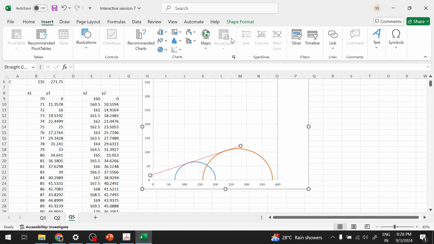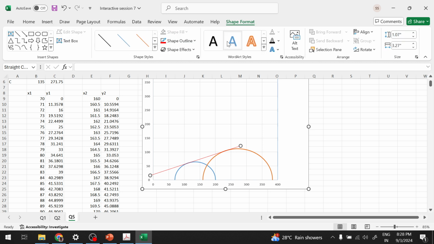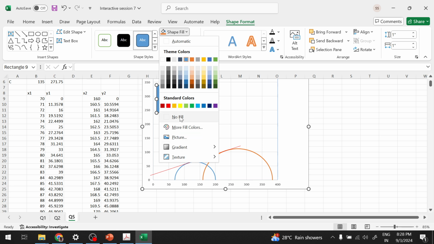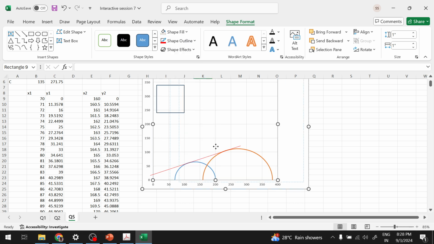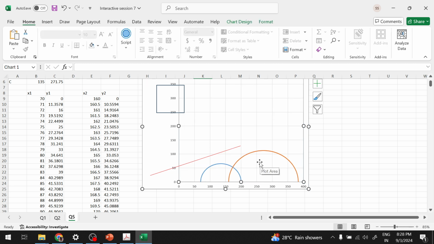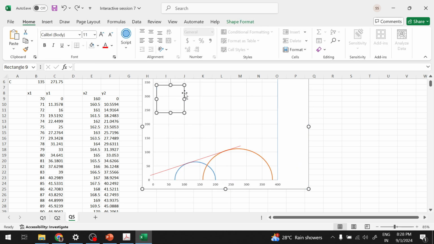Actually, let me insert a shape. This comes out to be almost 110 and 250.